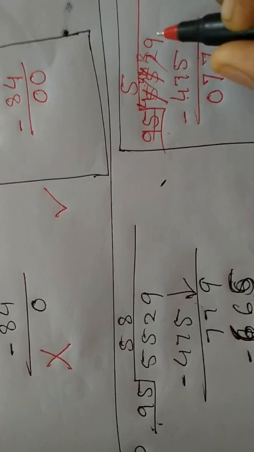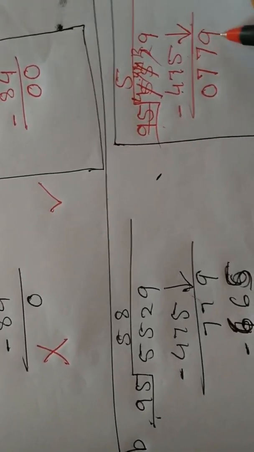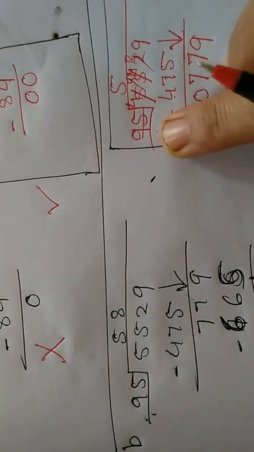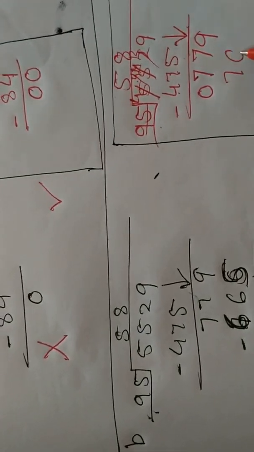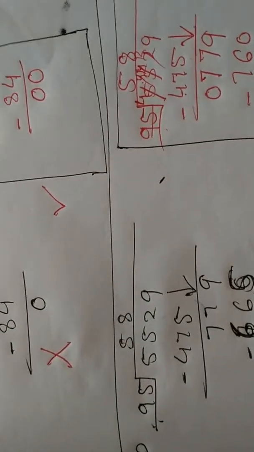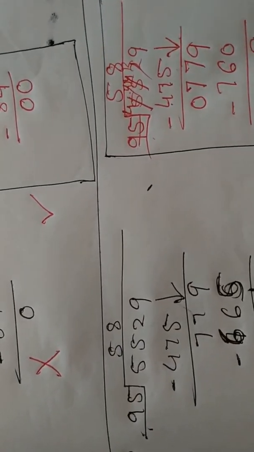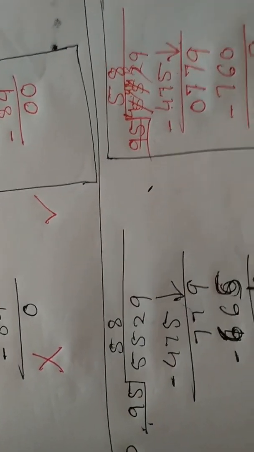Now students, we'll bring down here 9. So our next number is 779. 95 eights are 760. So in that 9 minus 0, 9. 7 minus 6, 1. 7 minus 7, 0.